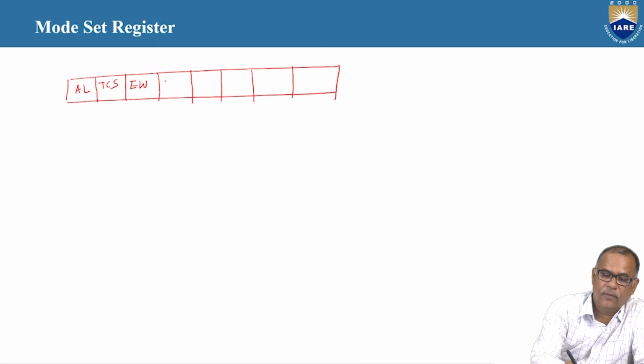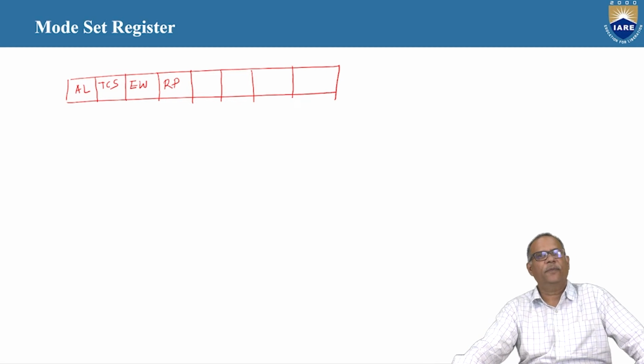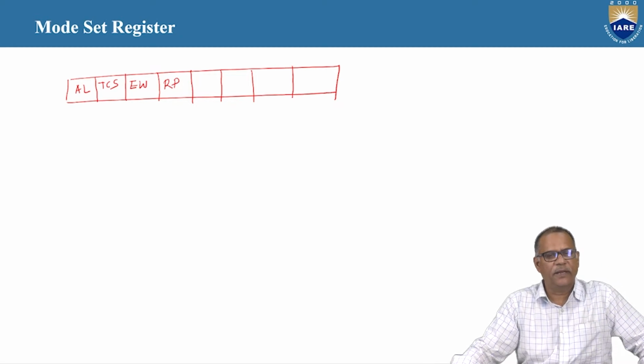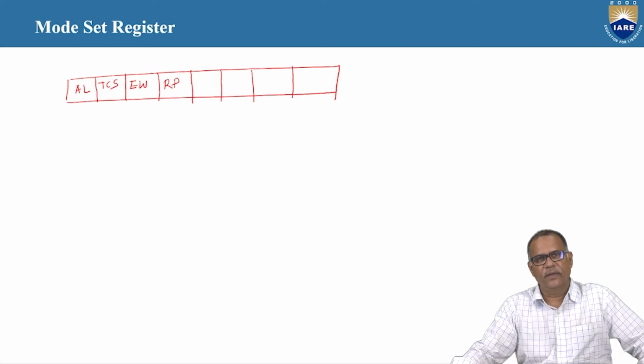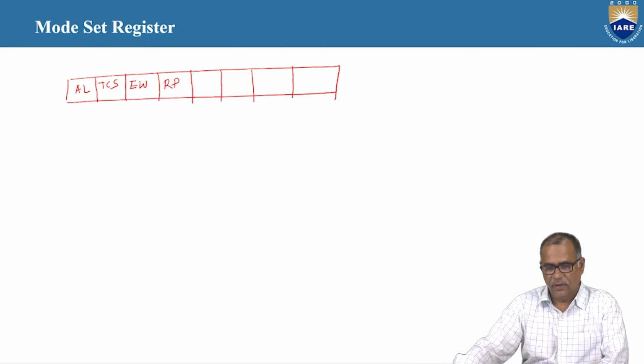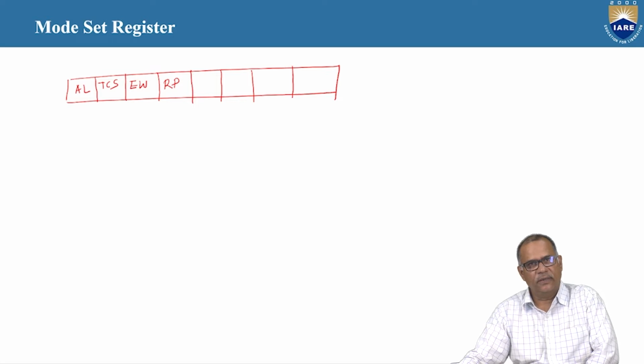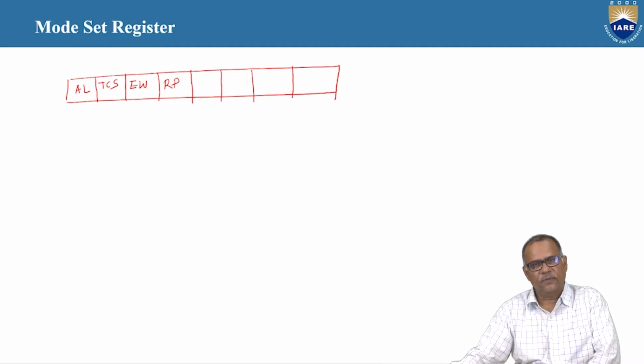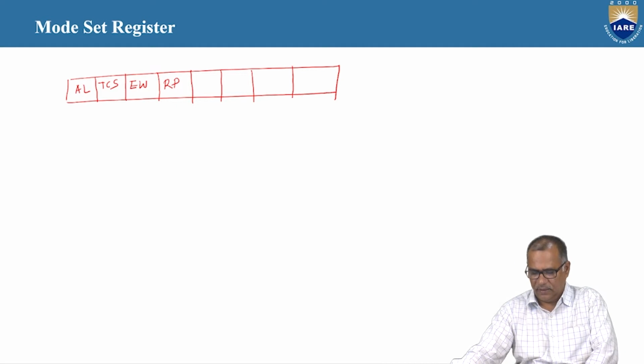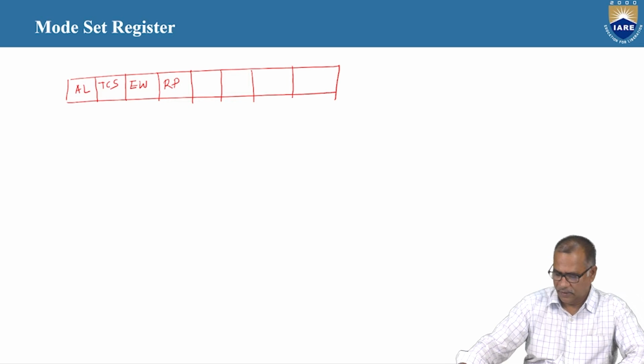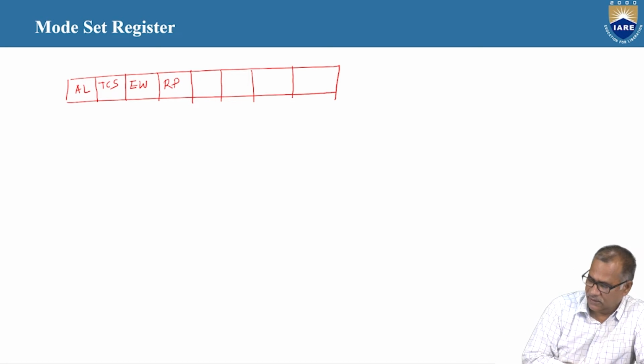And RP. RP is the rotating priority. The default priority is that channel 0 has the highest priority and channel 3 has the lowest priority. After channel 0 is provided service, then automatically channel 1 is given the priority, and this priority can be changed by programming the rotating priority. If it is 1, it is a rotating priority.